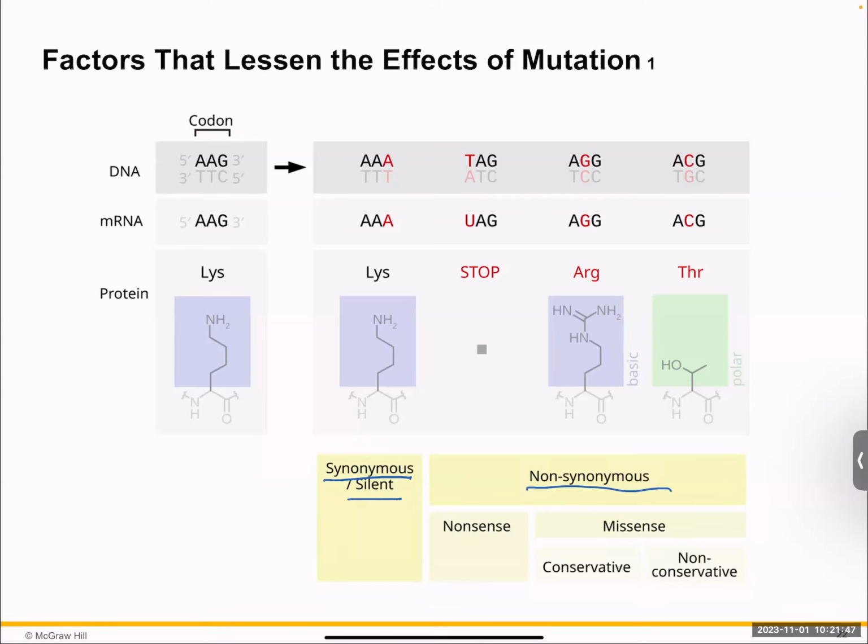We also have non-synonymous, which basically means a mutation that has affected the amino acid sequence and therefore the protein. And then it has its own variation, which I'm going to talk about in just a minute.